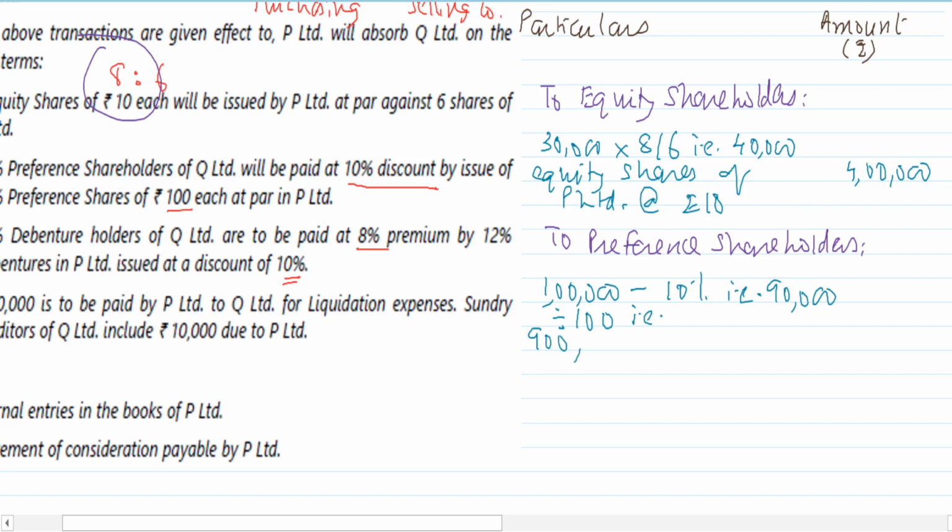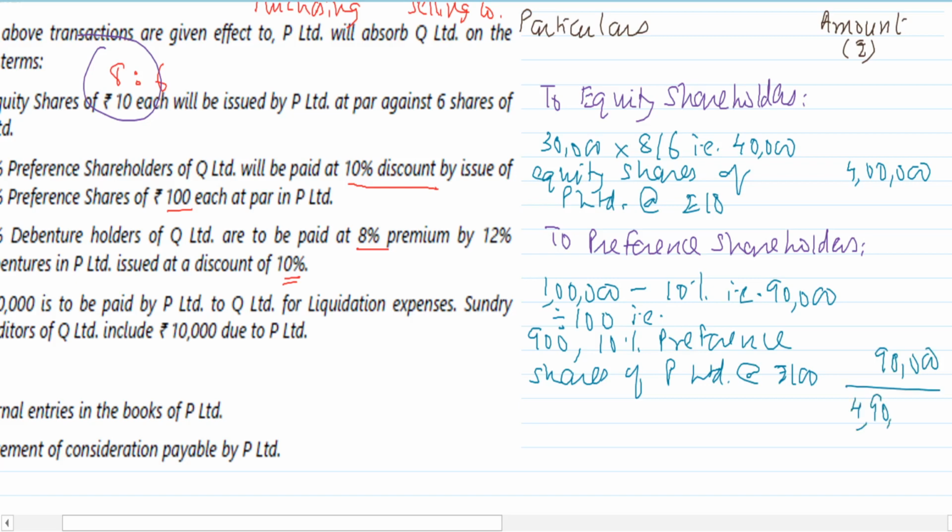So we say 900, 10% preference shares of P Limited at the rate of rupees 100. So that is 90,000. Total 4 lakh 90,000. So we get our purchase consideration. Our purchase consideration is 4 lakh 90,000.